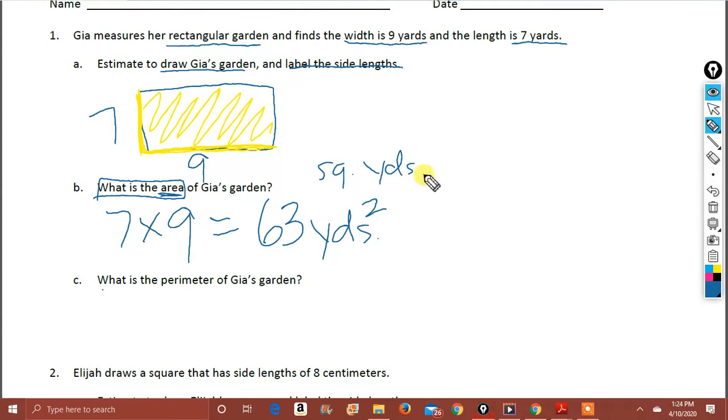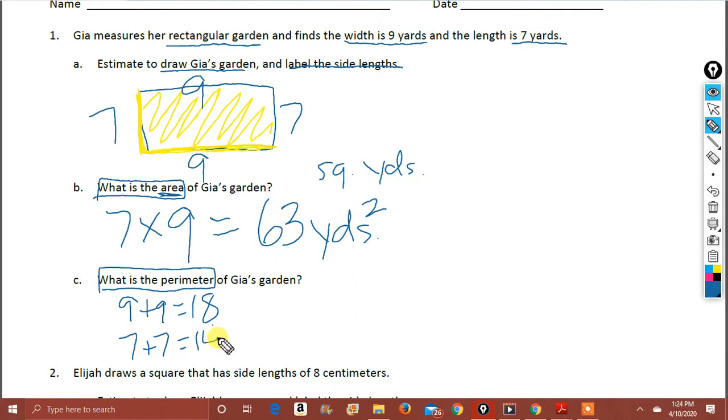What is the perimeter of Gia's garden? So part C is asking what the perimeter is. Well, let's use what we know about rectangles. If the bottom or the width is 9 yards across the bottom, it's also going to be 9 yards across the top, and the right side is also going to be 7 yards long. So I can add 9 plus 9 to get 18, and 7 plus 7 is 14.